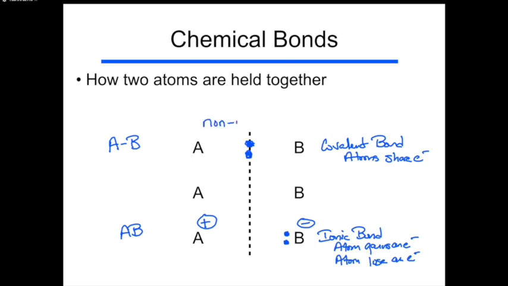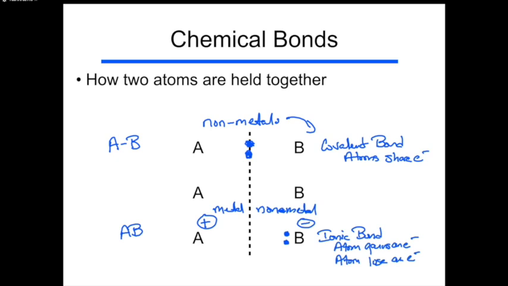Two nonmetals reacting is a covalent bond. An ionic bond happens when a metal, normally, and a nonmetal react. One of them attracts electrons so much that it will steal the electron from the other, creating an ionic bond.